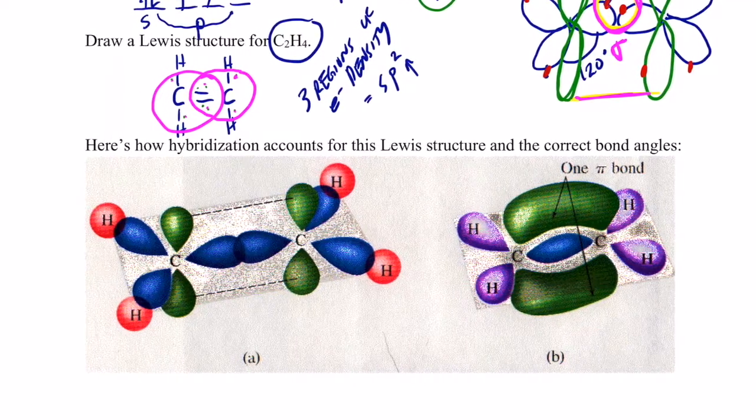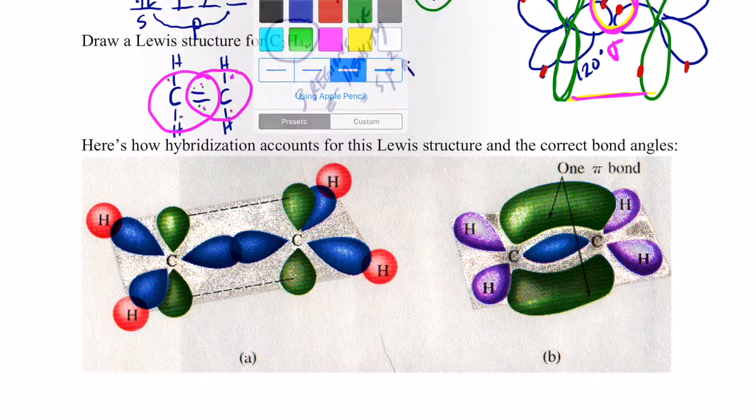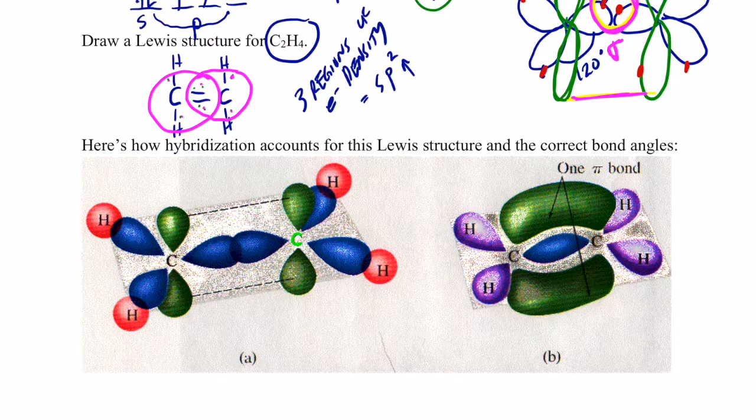So maybe this illustration here in my notes helps a little bit. Well, we're going to try it at least. Here's my carbon atom, and here's the other carbon atom. And do you see how this sp2 orbital and this sp2 orbital head-to-head overlap, and they share a pair? Remember, that's called a sigma bond.